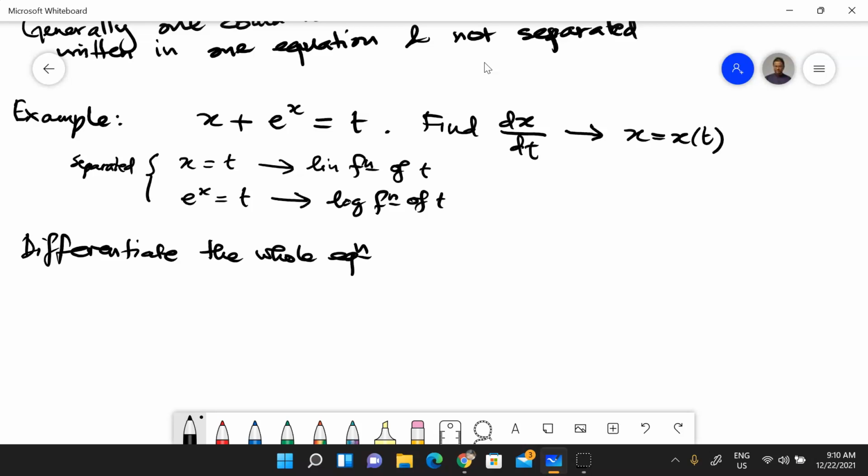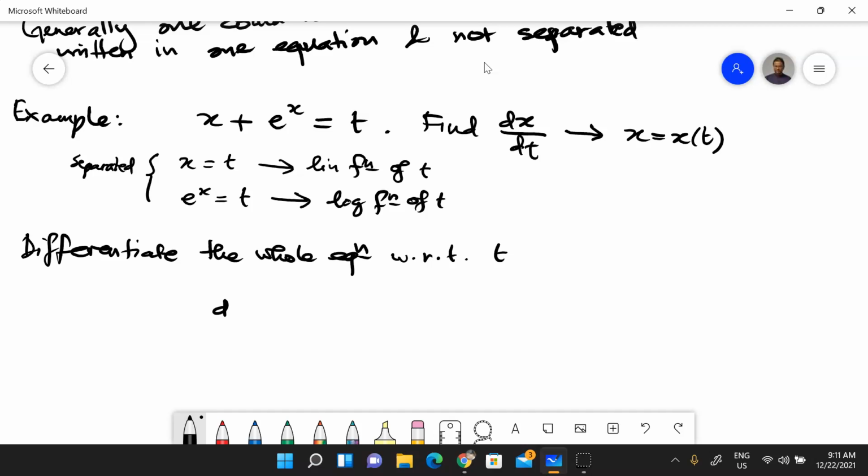In this case, we want a differentiation with respect to t. So we differentiate the whole equation with respect to t. Okay, so in this case, I have x, which I do not know how to write as a function of t yet. So what do we do? Differentiate x with respect to x first, and then differentiate x with respect to t.